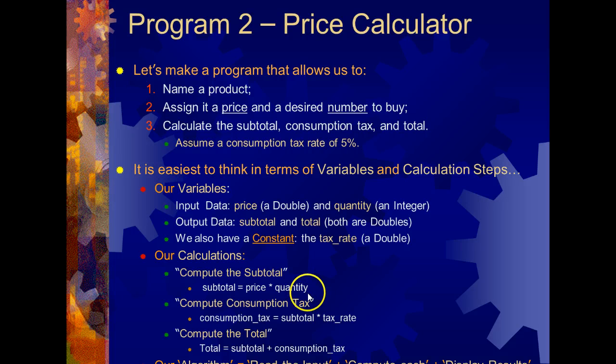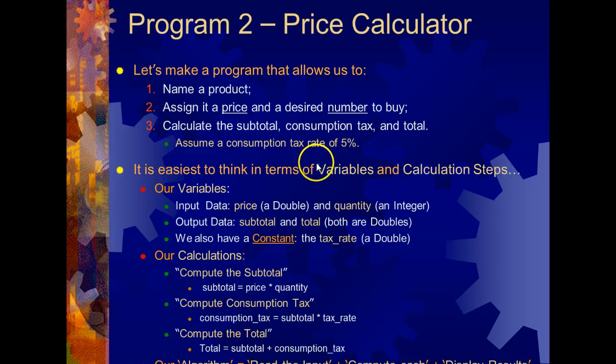Okay, now we get to program 2, the price calculator. So let's make a program that allows us to name a product, assign it a price, and a desired number to buy, calculate the subtotal, the consumption tax, and then the total. Assume a consumption tax rate of 5%.